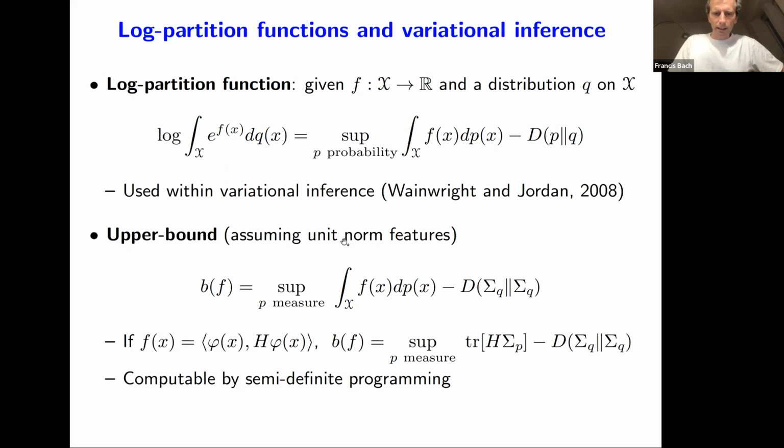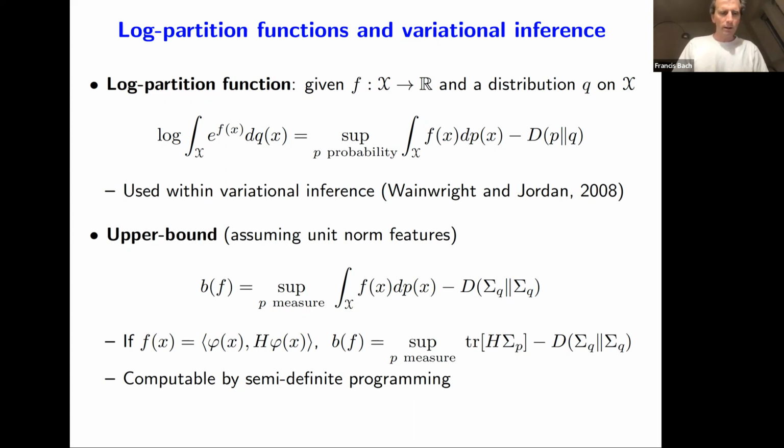And what you can notice here is that if f is itself a quadratic form, then you get everything expressed in terms of operators. And now you may start to see that this can be computed if you know how to characterize a set of potential covariance operators. And this can be done approximately using semi-definite programming.